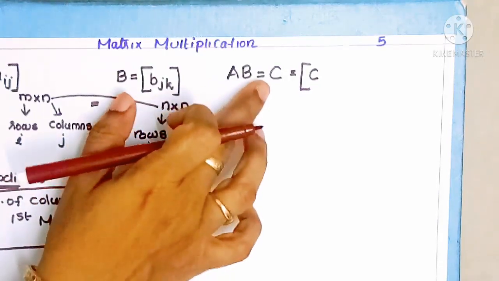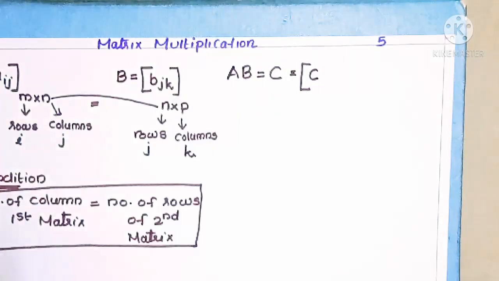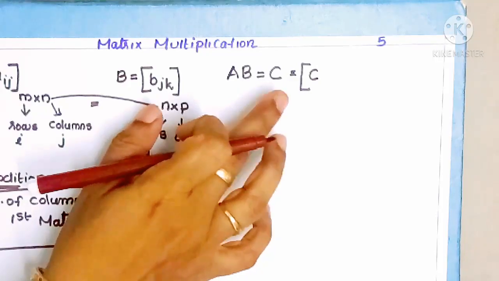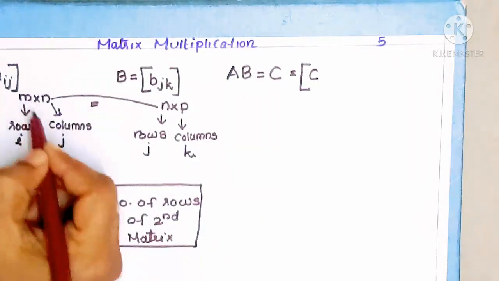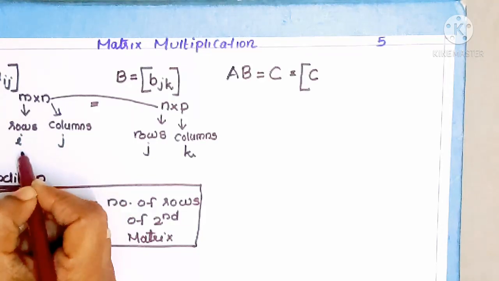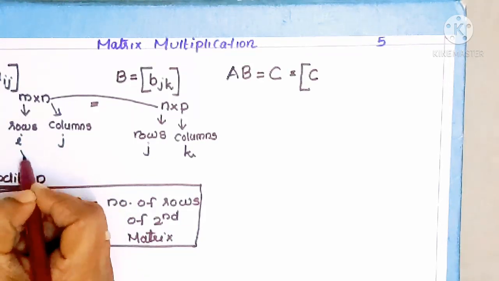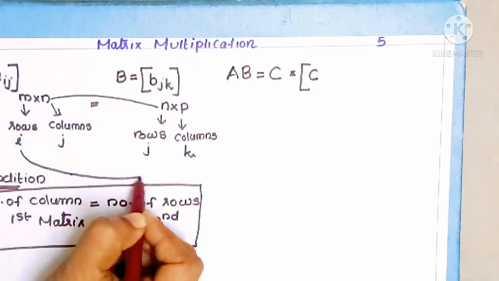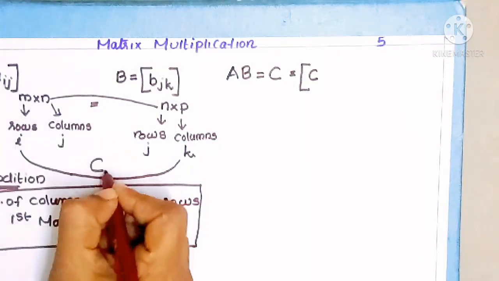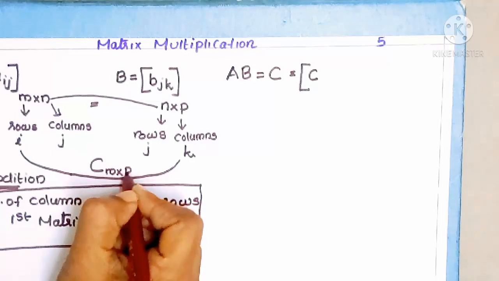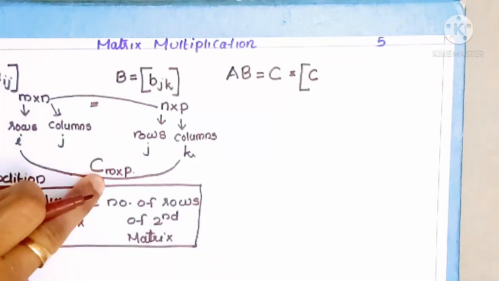The resultant matrix becomes C. Then what is the order of this resultant matrix? It should be equal to the number of rows of A, that means the order of the resultant matrix is M cross P.